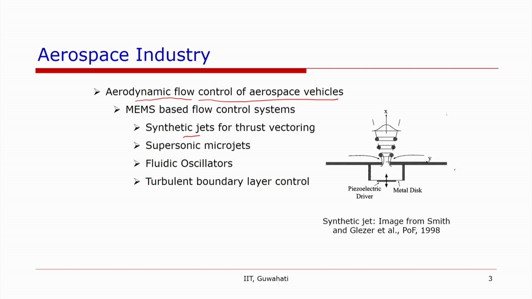Here is an image of a synthetic jet, or it can be supersonic microjets, fluidic oscillators, or turbulent boundary layer control, where these different jets or oscillators can affect the overall flow and change the thrust vectoring over the aerofoils, etc.